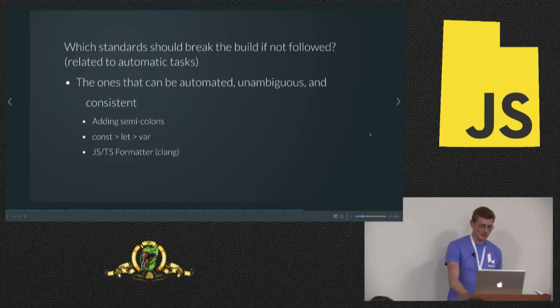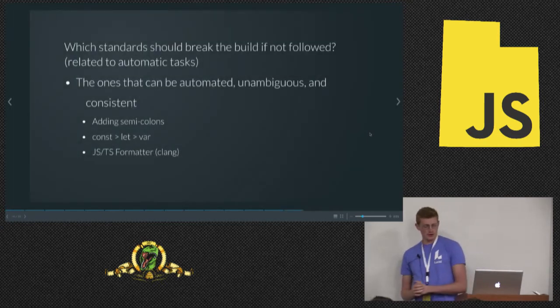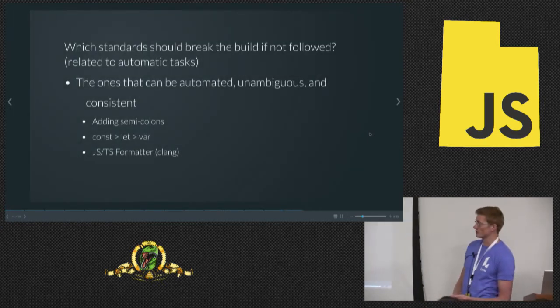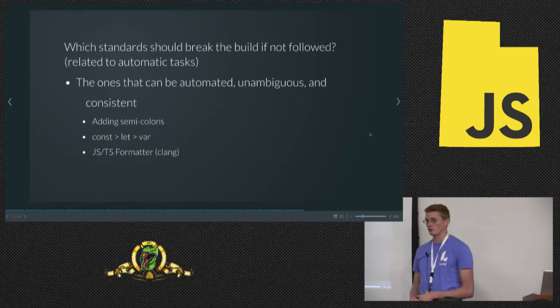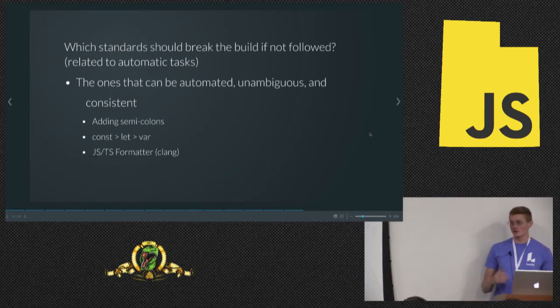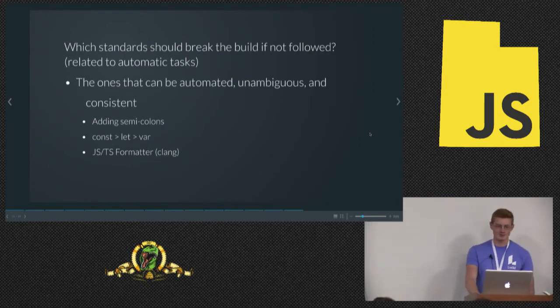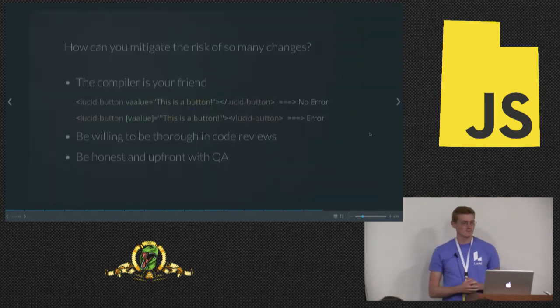So you'll notice this is a subset of the automatic changes that we made. These are the ones that we could do consistently, and we were happy to enforce. And it makes it really nice to enforce that so that we don't have to trust the engineers not to reintroduce issues back into the code.